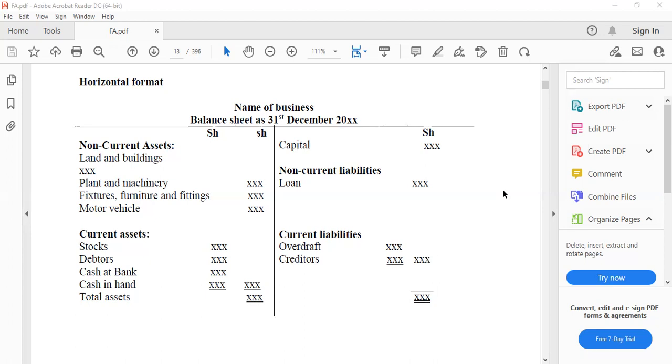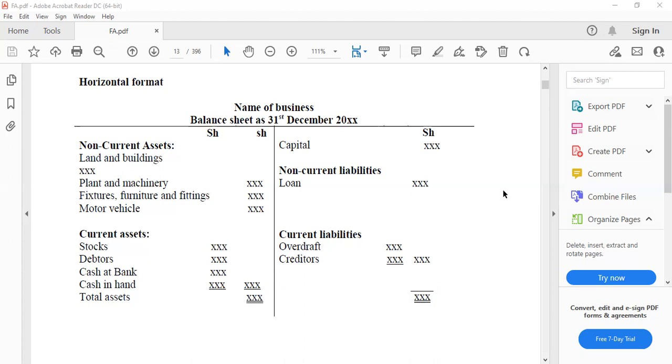Now, coming up with the statement of financial position, there are two formats that are used. One, which they also call the T format, is the horizontal format. In this format, one side will have non-current assets and current assets as displayed, and then down there we shall have total assets.